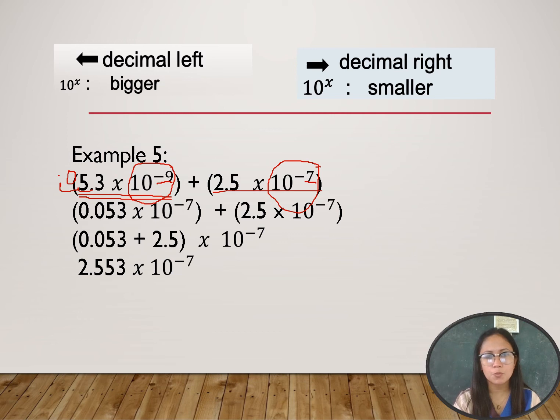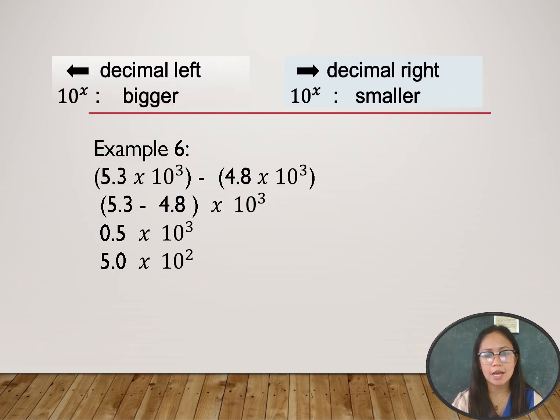So we have here 0.053 times 10 to the power of negative 7 added to 2.5 times 10 to the power of negative 7. So we have now the same second factors. So we'll just copy it for our final answer. And the rest, the first factors, 0.053 plus 2.5. That will give us the result of 2.553 times 10 to the power of negative 7. And now our answer is this one.